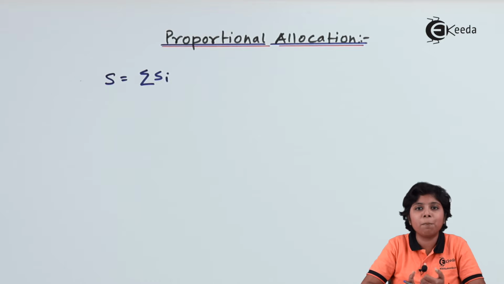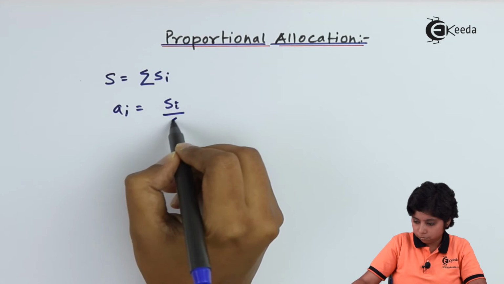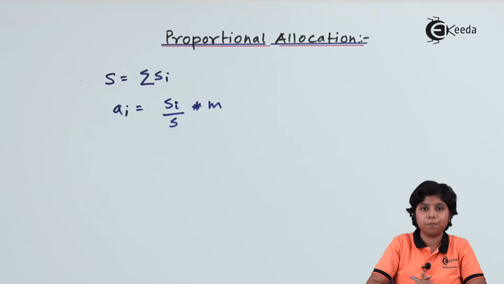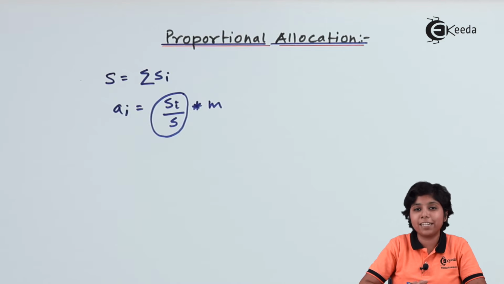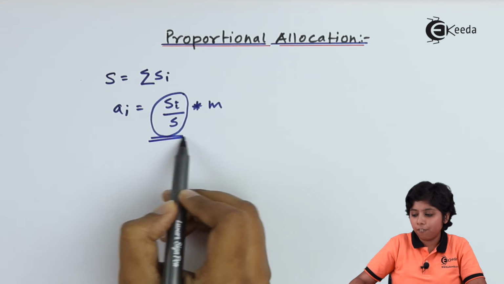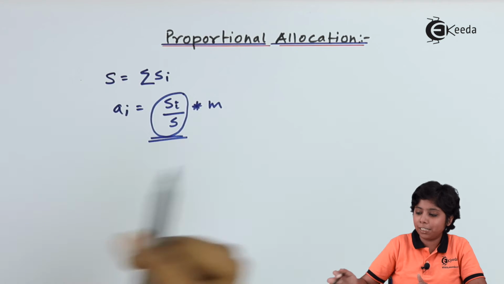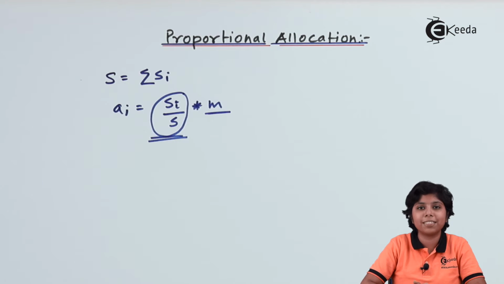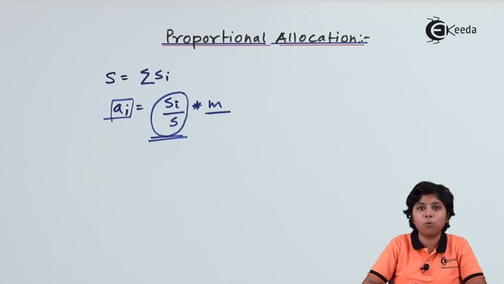Now, if we divide the number of frames m among these n processes, then ai equals si by S times m. So an equal share is not the scenario here. We are allocating with a proportion, say 10 upon 137 for the particular example we have described, and multiplying it by the exact number of frames available gives us ai, the number of frames we need to allocate to process pi.